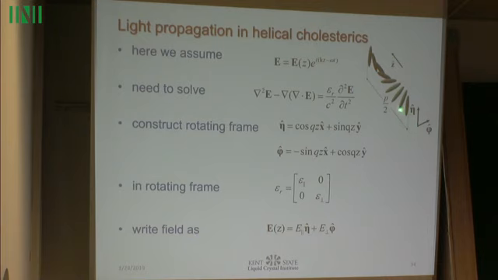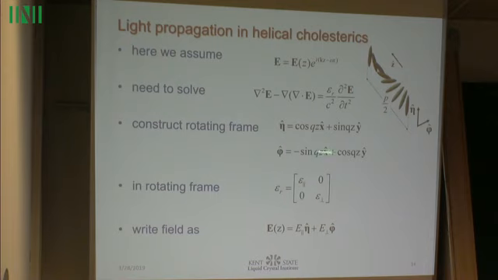And we have basically ellipsoidal molecules with large polarizability in one direction, small in the perpendicular one. It's convenient to construct a rotating frame which rotates along with the director. So this is a rotating frame where eta is always along the director, and phi is always orthogonal to the director.